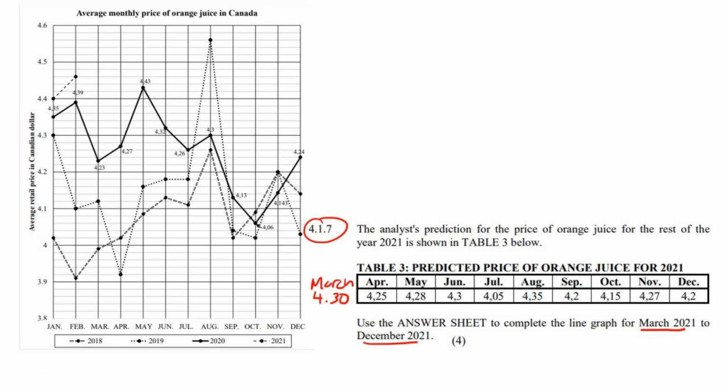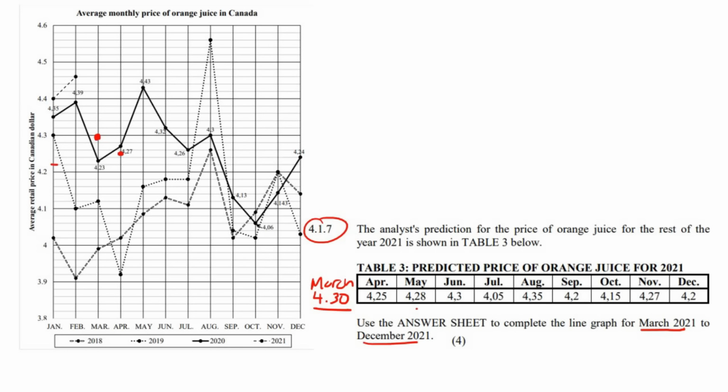So in March 2021, here's March, it's going to be 4.30, from the previous question. So that'll be over here. And then April, 4.25. So that's exactly between 4.2 and 4.3. So that's going to be here. Oh, but it's April, Kevin. So there. In May, 4.28.